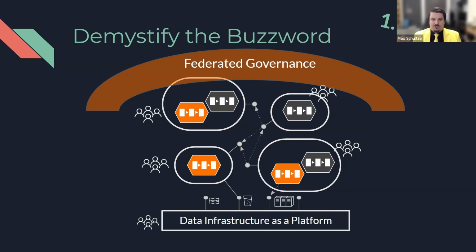While on the one hand we want to enable local decision-making within the domains, we still have the possibility to bring together people from the different domains to talk about the things that need to be aligned across them, for instance, when there are touch points where certain data sets need to be interoperable across domains, right? I don't know, a user ID in one domain can mean something completely else than a user ID in another domain. So you need to have these discussions.